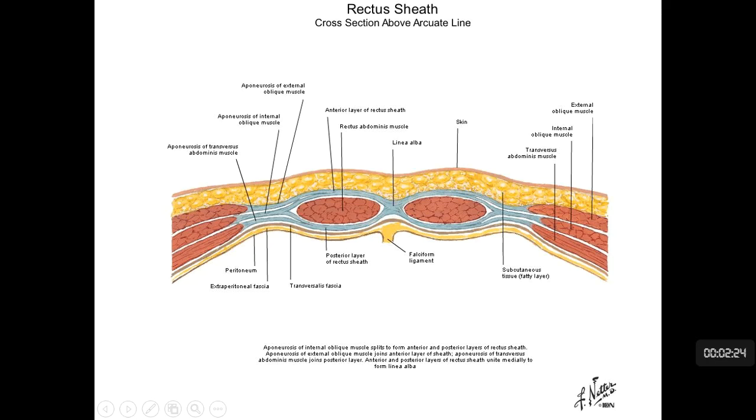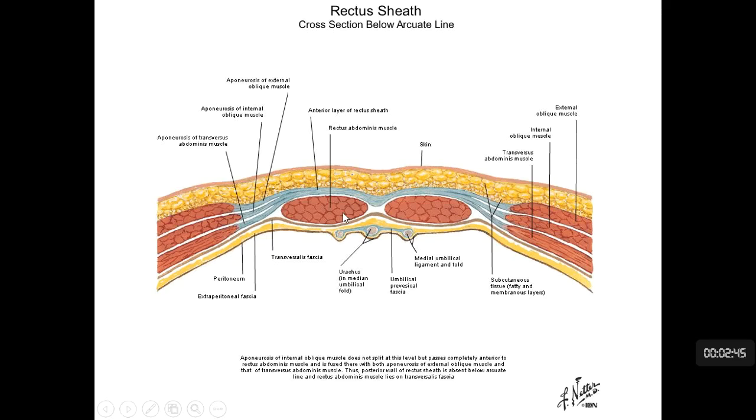In the anterior sheath we have one layer and a half layer, and in the posterior sheath we have one layer and a half layer. This is only for the superior 2/3 of the rectus. But in the inferior 1/3, the sheaths are like this picture.